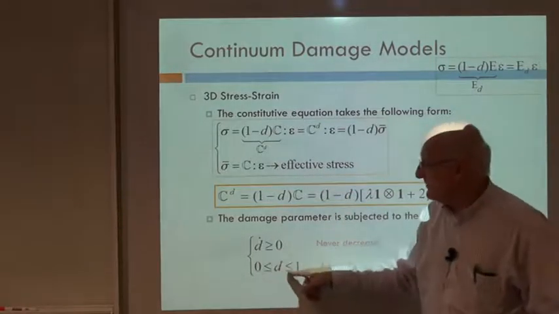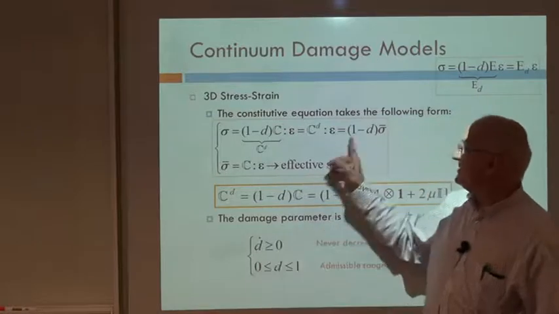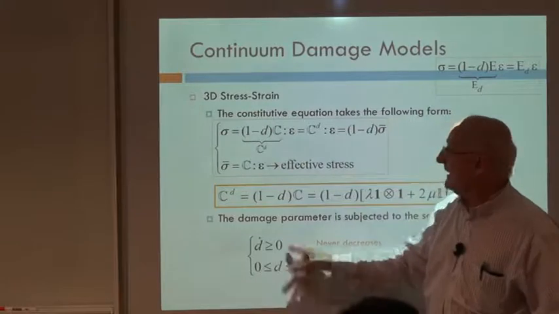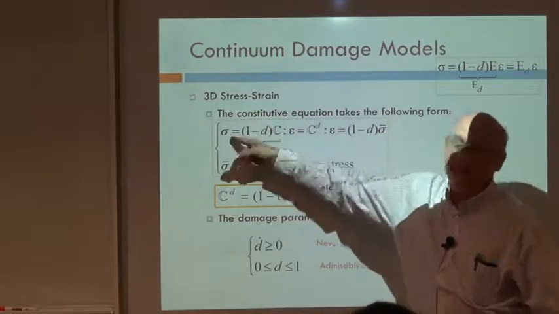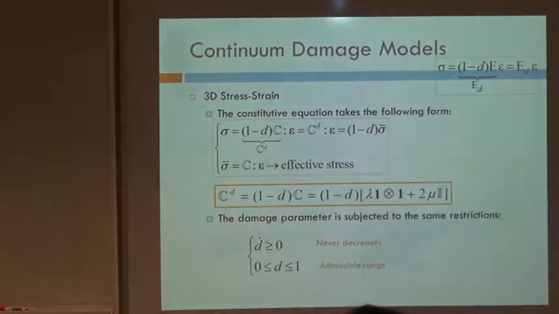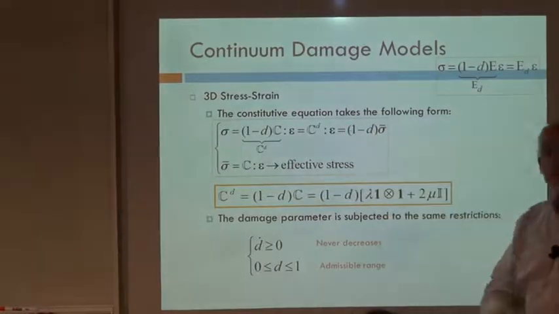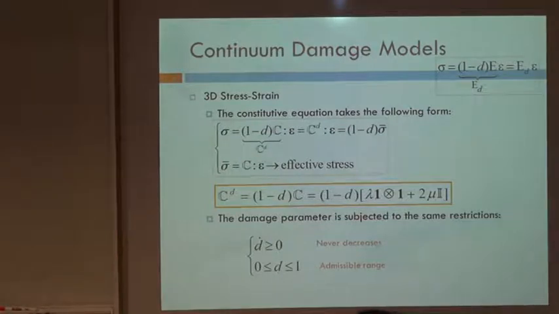And the damage value ranges from 0 for no damage, in which case this term is 1, to 1, in which this term is 0 and the stresses are completely released. Simple as this. I will show that this is not enough. You have to complement that with some additional ingredients, but the concept is already here.